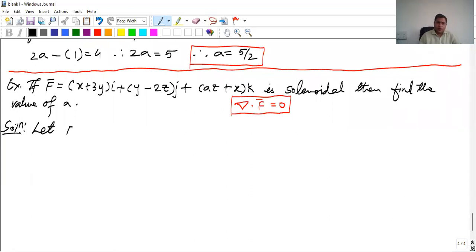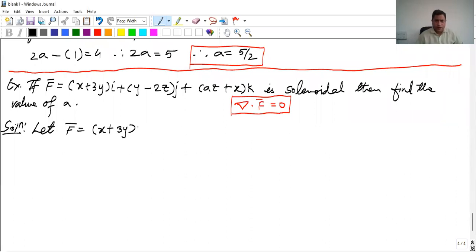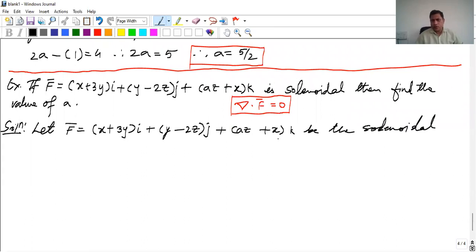So we go with the solution. We have F bar is equal to (x + 3y)i + (y - 2z)j + (az + x)k, the solenoidal vector.